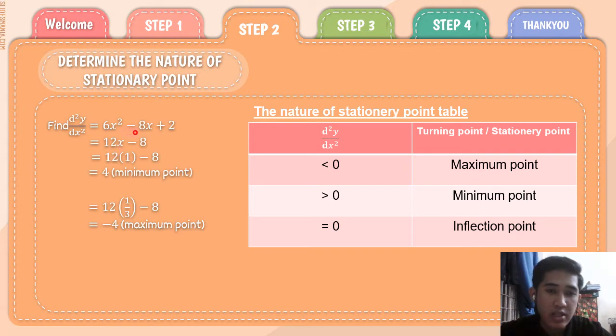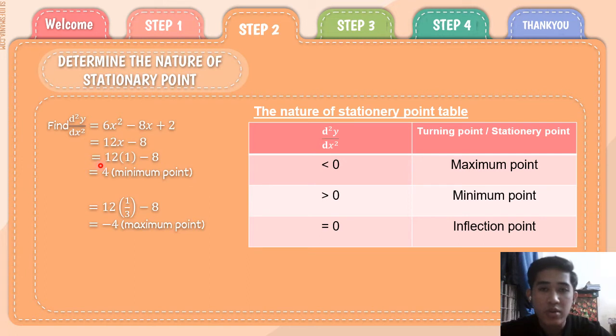Differentiating minus 8x, we get minus 8. Differentiating plus 2, we get 0, because 2 is not a variable, it is a constant, so it becomes 0 after we differentiate it.